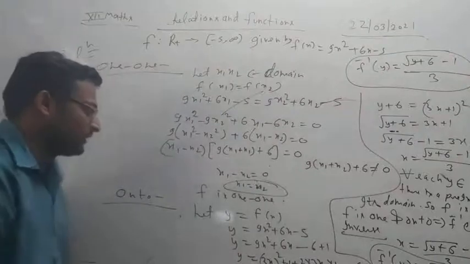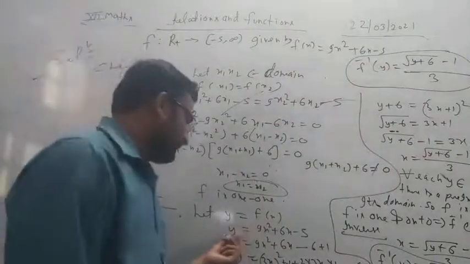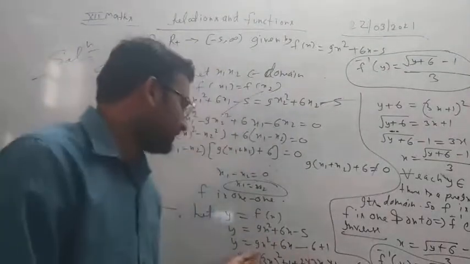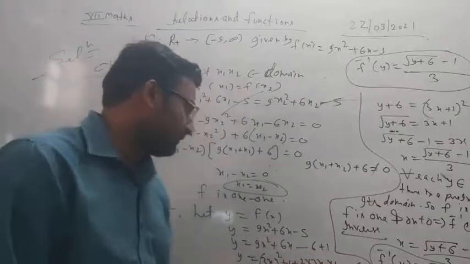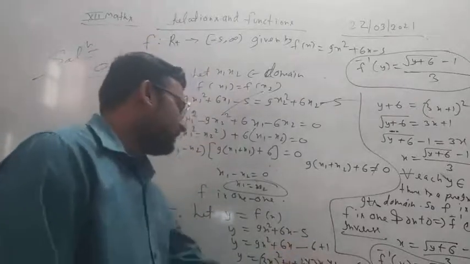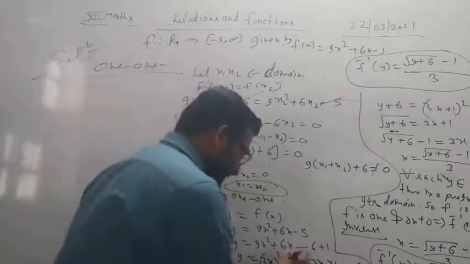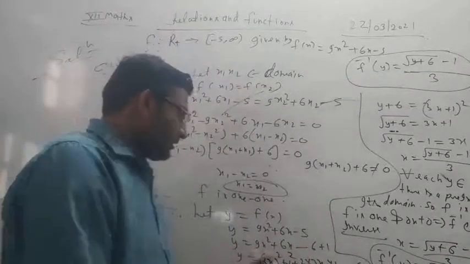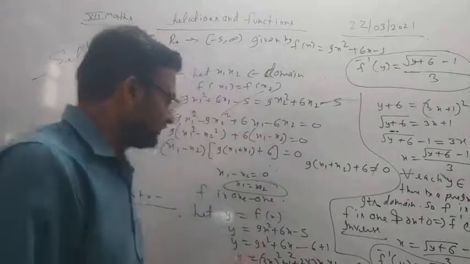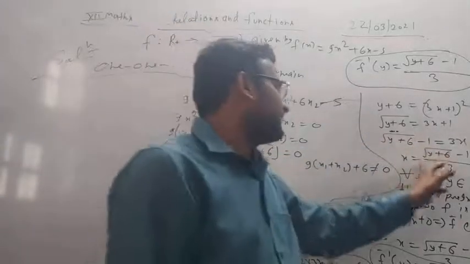Similarly for onto, students, we are taking y is equal to f(x), and this y is 9x square plus 6x minus 6 plus 1, we write minus 5 like this, and make a square plus b square plus 2ab, and we write 3x plus 1 whole square minus 6. We take the left hand side and it gives us x is this.